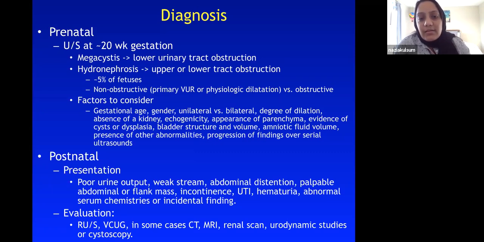Postnatally, depending on when they're born, most of these kids may have either poor urinary output, sometimes even weak stream. They may have abnormal genitalia that you can see. And then ultimately these kids would need a sonogram and then maybe a VCUG. The other tests like renal scan, CT, MRI, urodynamics, cystoscopy are all more confirmatory tests and typically are done at a later age.